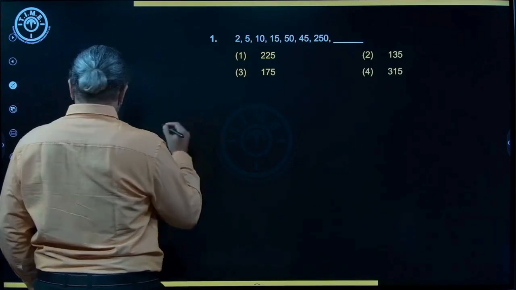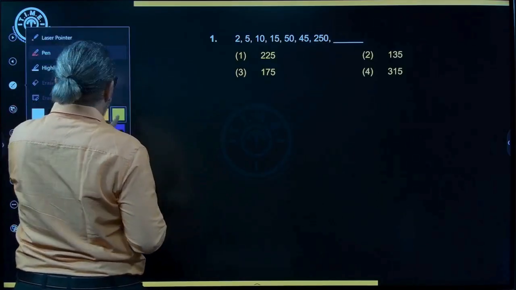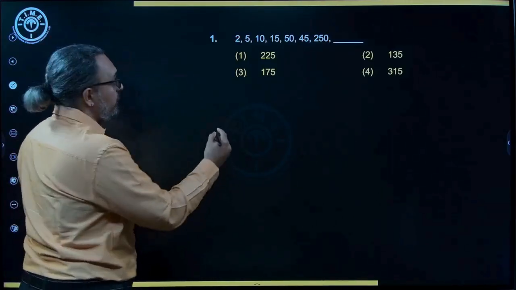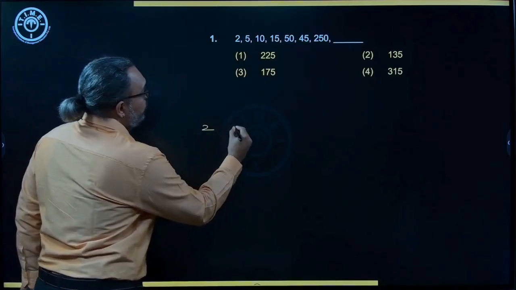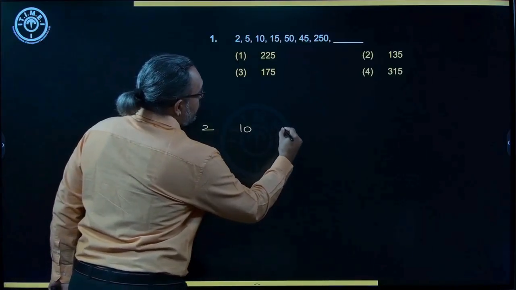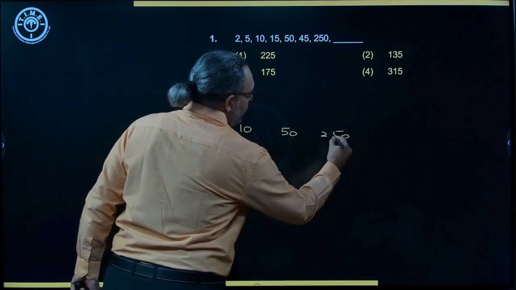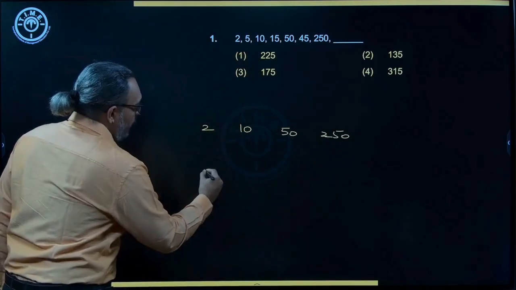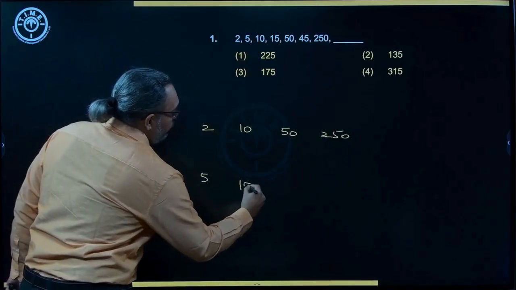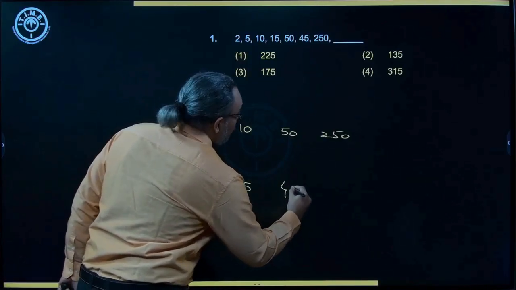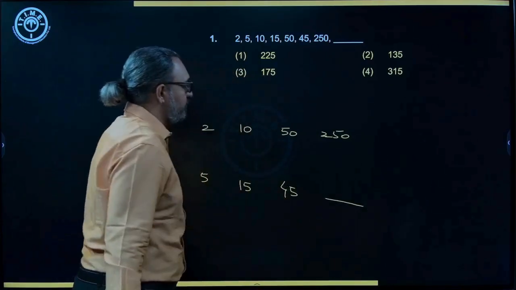So what I do now is I take it alternately. So that is 2, 10, 50, 250. This is one series that I have, correct? Then we have 5, 15, 45, and then you have a blank.